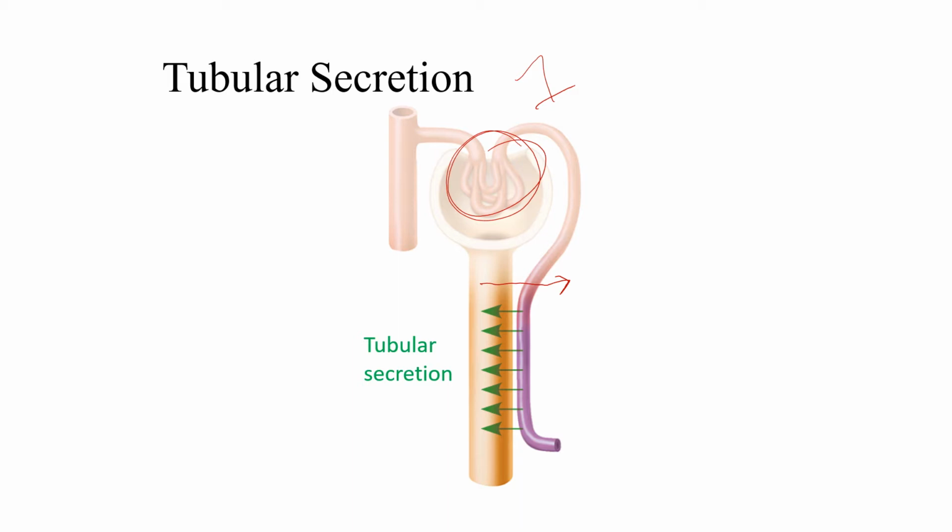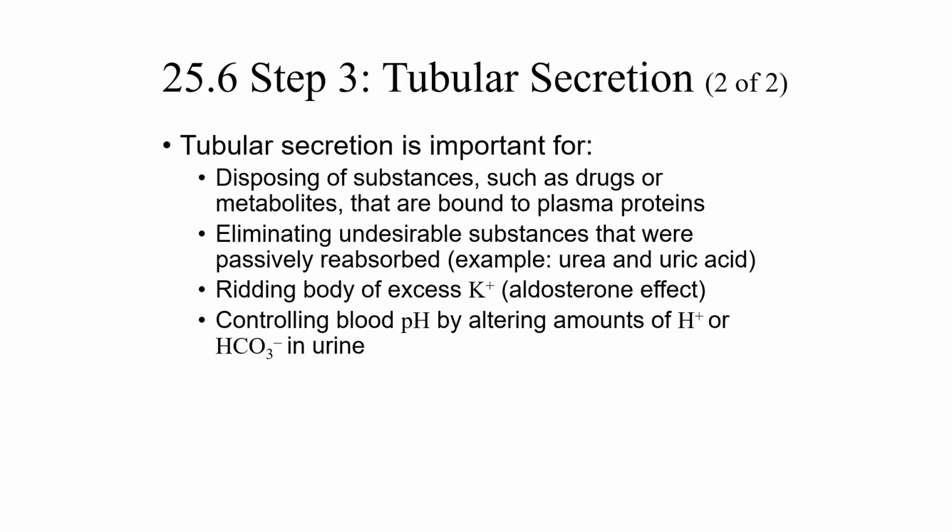And so this is step 3, where we have substances being secreted from the blood into the tube. And this is mainly going to occur in the proximal convoluted tubule.